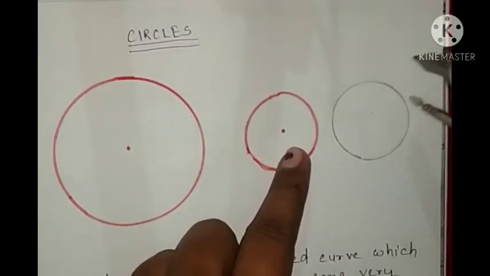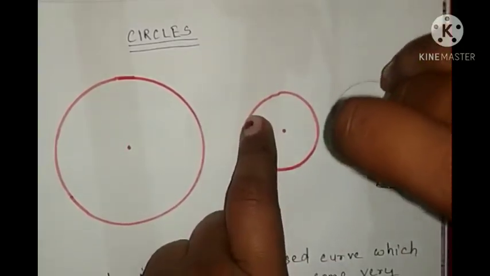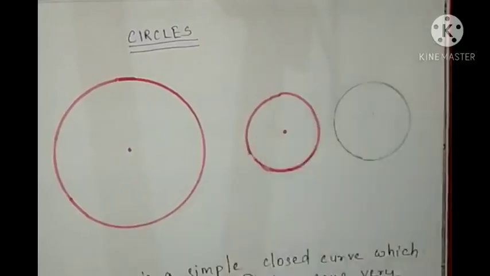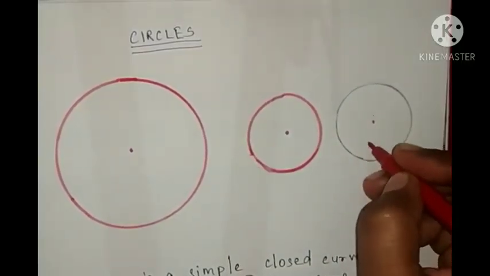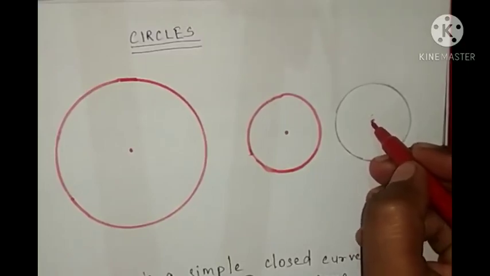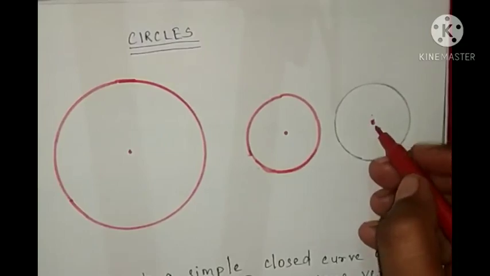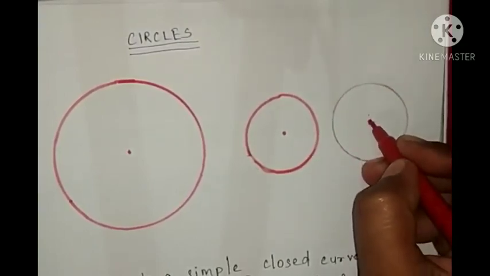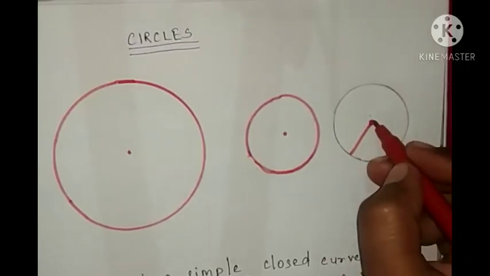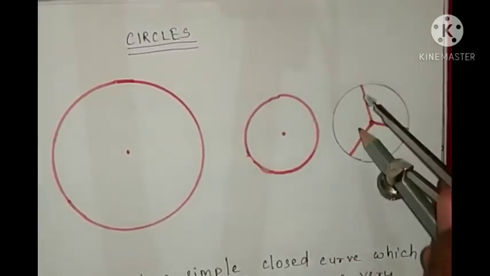Wherever it moves, it is always equal. Here we have found a circle. This is the fixed point and this is the moving point. The distance from the fixed point to the moving point is always equal.